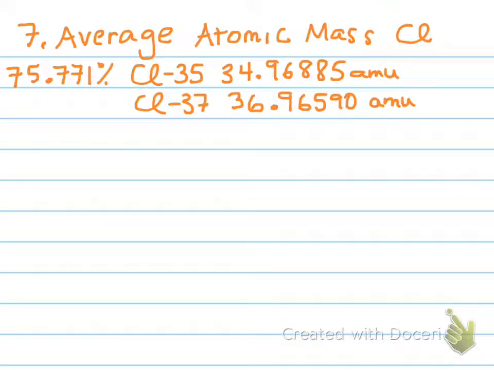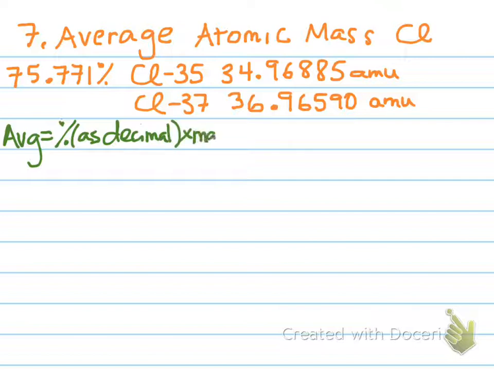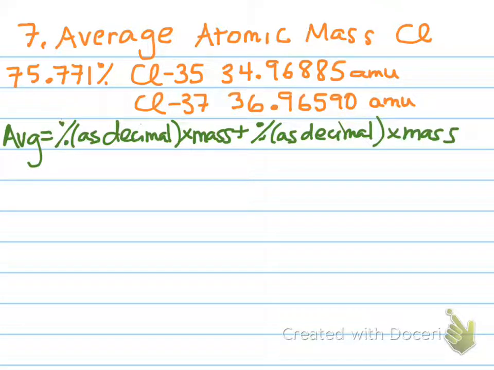So again, we're still using that same equation, that our average equals our percent as a decimal times the mass plus our percent as a decimal times the mass. And this time I only have to do it twice because there's only 2 isotopes. But notice I'm sort of missing something here, right? I don't have this other percentage.